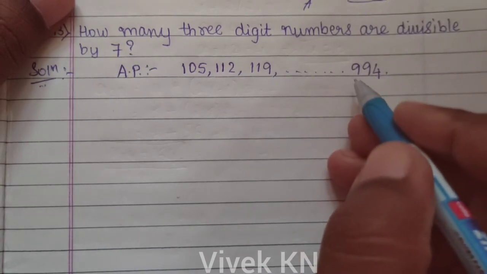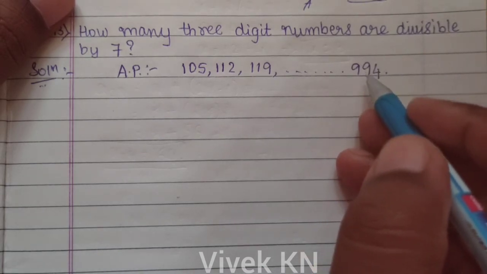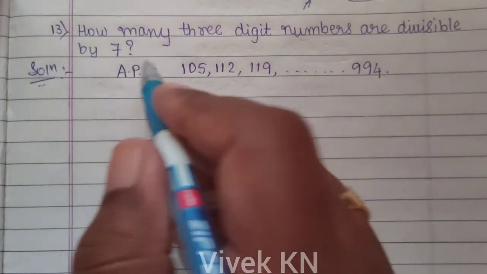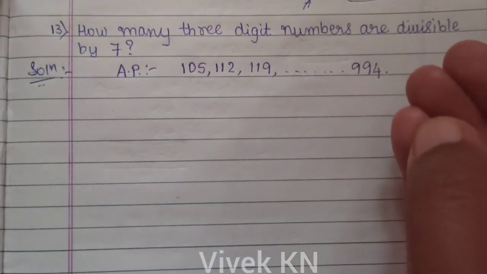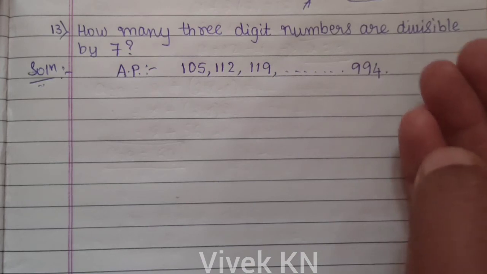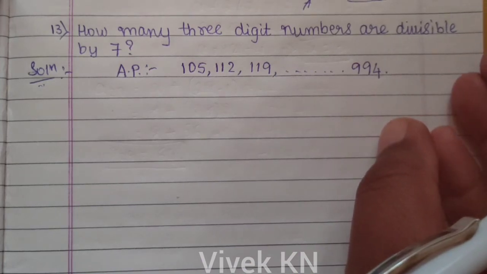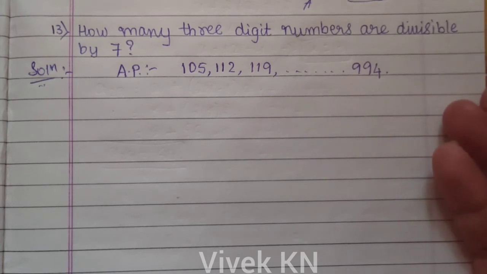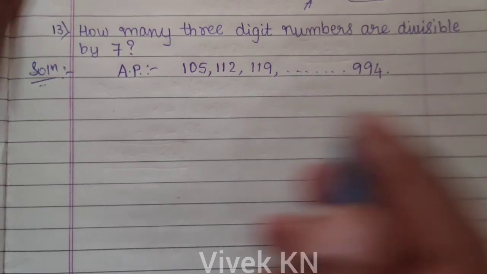Here 994 is the last 3-digit number that is divisible by 7. So 995, 996, 997 are all 3-digit numbers, but they are not divisible by 7. So those numbers are not taken into consideration.